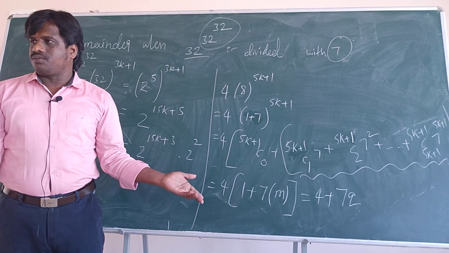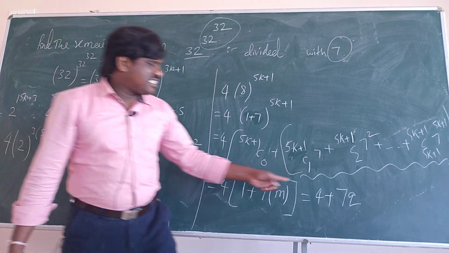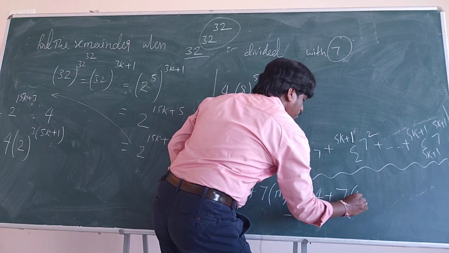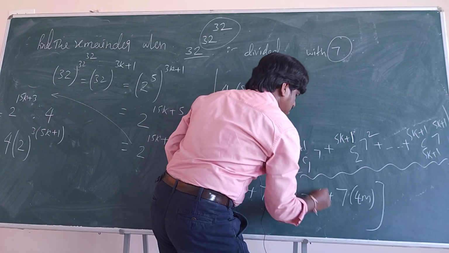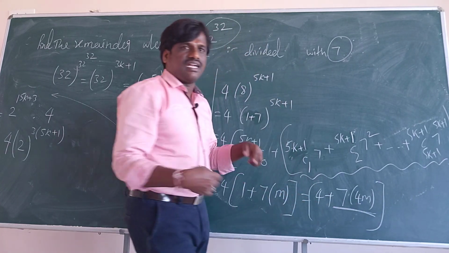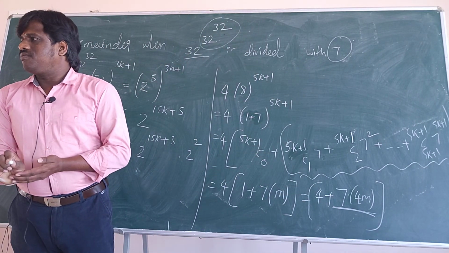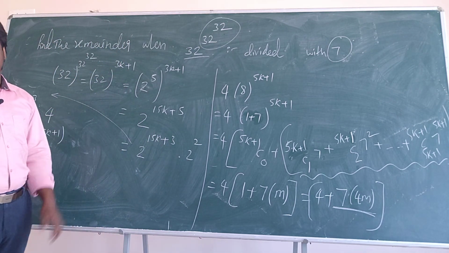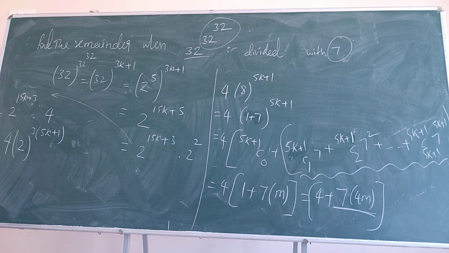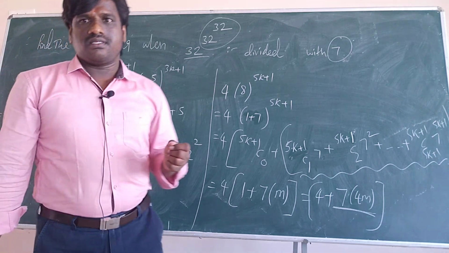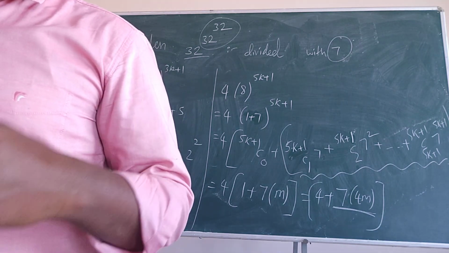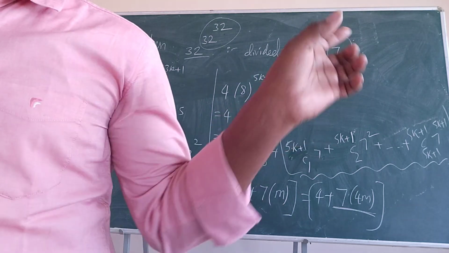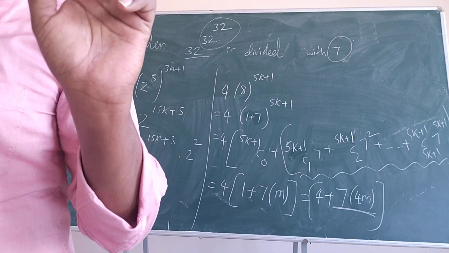It means 7 into something is already divisible. Remainder how much? 4. 4 is the remainder. That's why we have to do this problem. This is the way to deal with such kinds of problems. Tomorrow we will discuss binomial coefficients, the last topic of this chapter, and integral part.